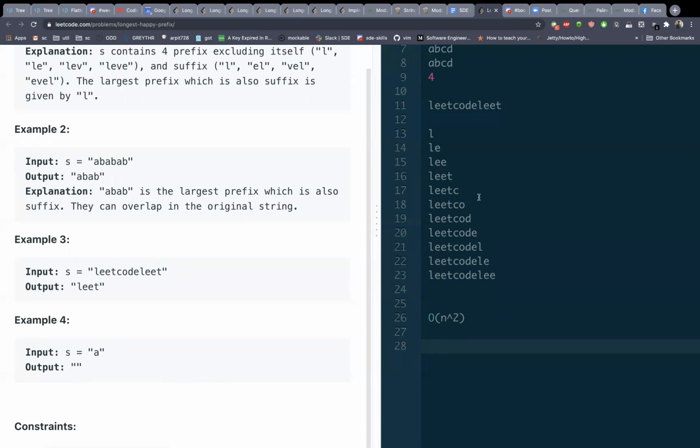So if I take some part, say LEE, then till I reach E, let's call it forward hash and backward hash. When I go from start, normally we do L into P0 plus E into P1 plus E into P2, like this we go.